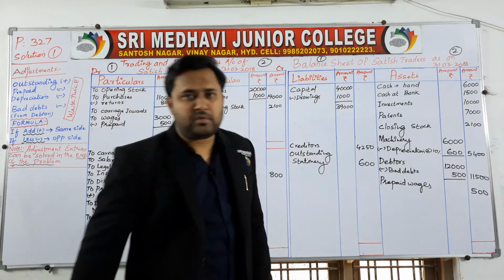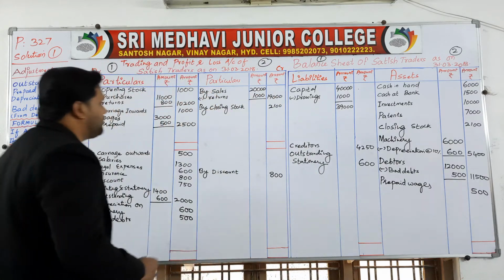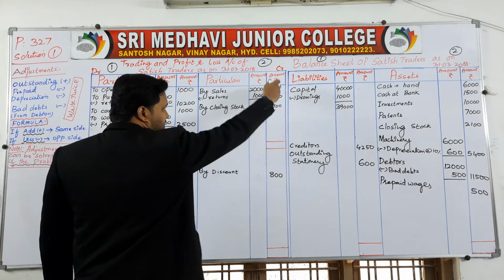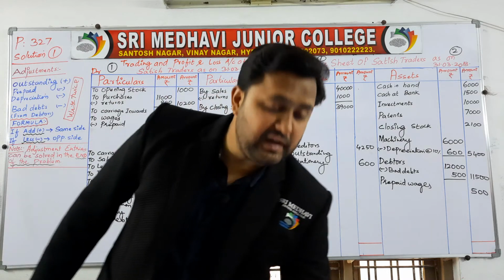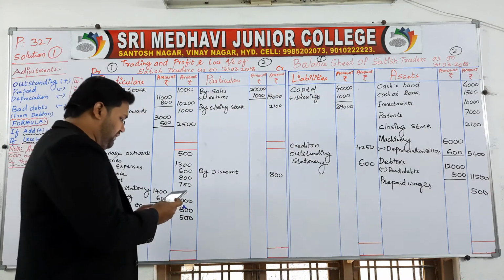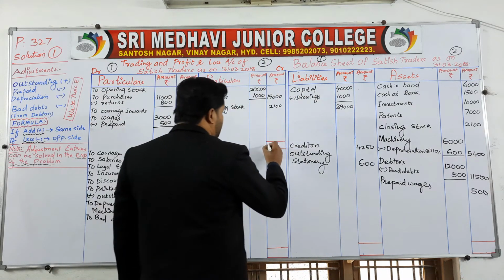Then how you are going to solve the problem means, now go for total of credit side of this and debit side of this. So trading account credit side total will be 21,100.